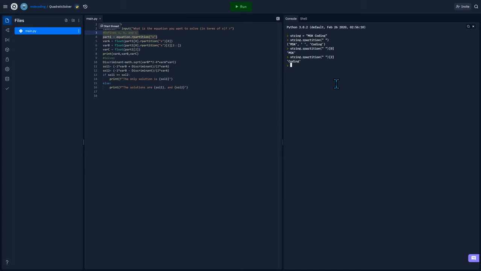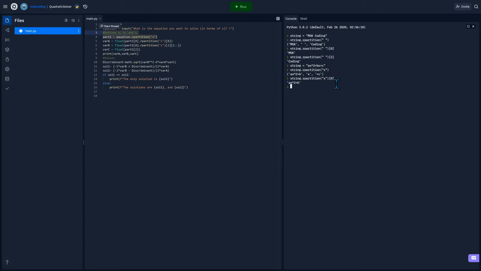And so we can do this with the equation that the user gives. So if we have a string being ax squared plus bx plus c, basically, we can use rpartition, so string.rpartition of x, giving ax squared plus b, x, and plus c.